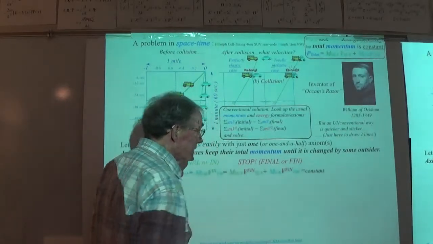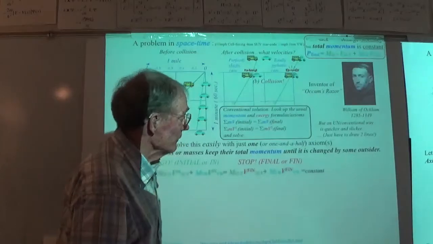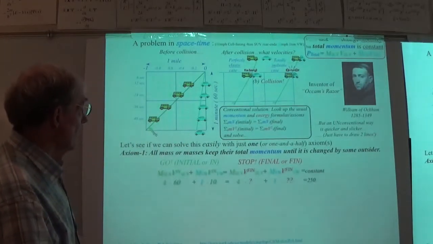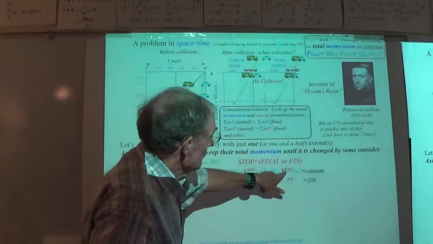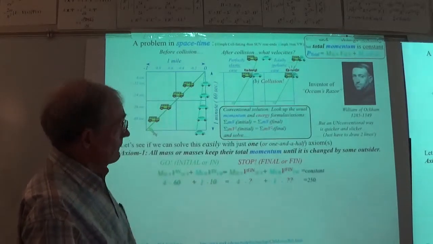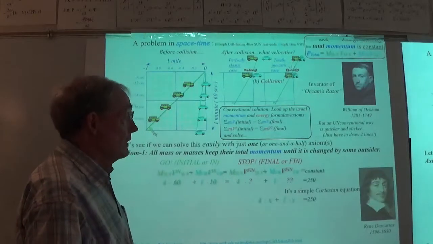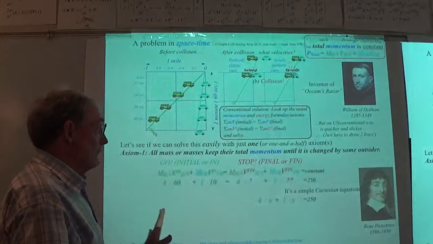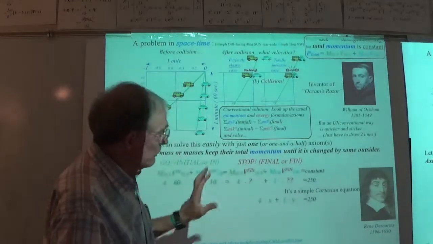This is going to be a constant after the collision, however violent and short it is. Okay, so basically we're asking what are the final velocities given that I have a 60 and a 10 here. Okay, so this is the algebra basically, and that results in a very simple algebraic equation. But how do you handle that? How do you make a map of that equation?